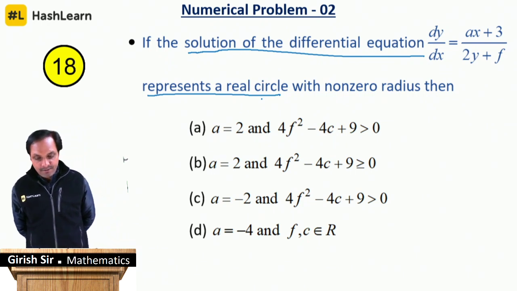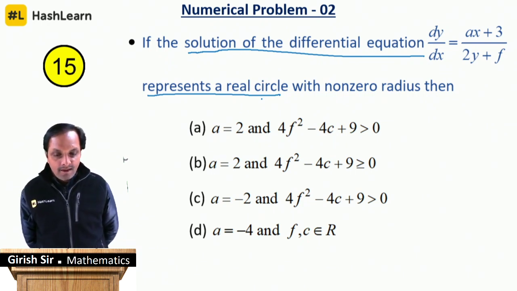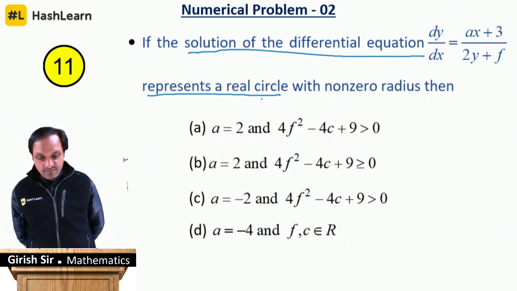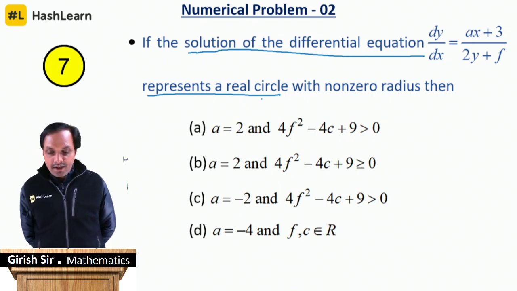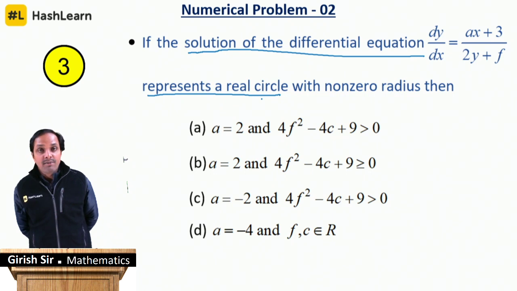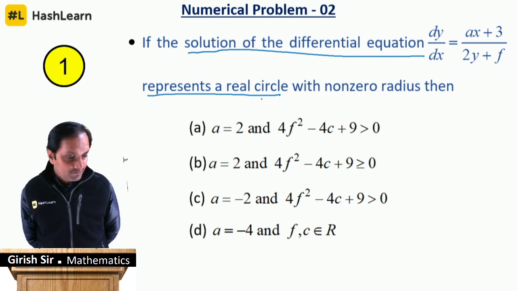Radius should not be 0. You have 4 values of a, and there is a condition of inequality. So let me see who is going to give the right choice.